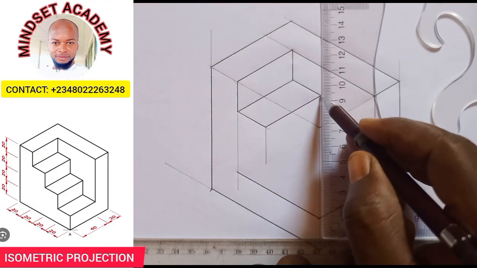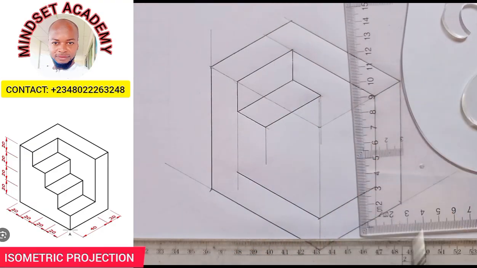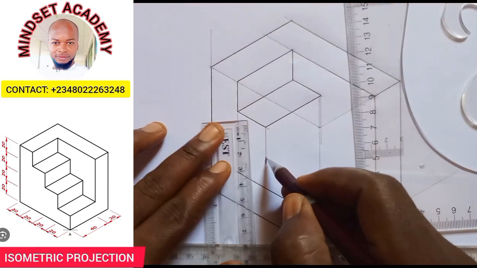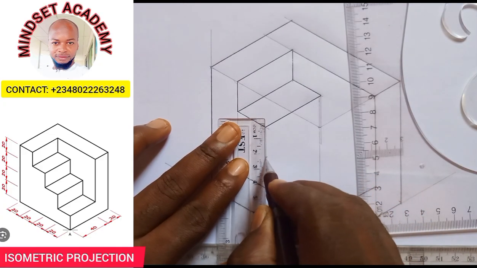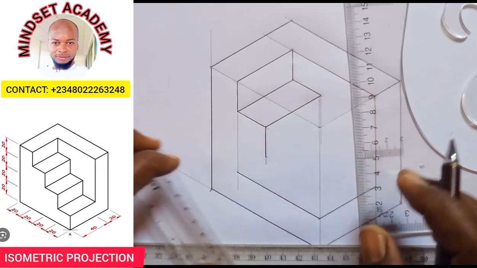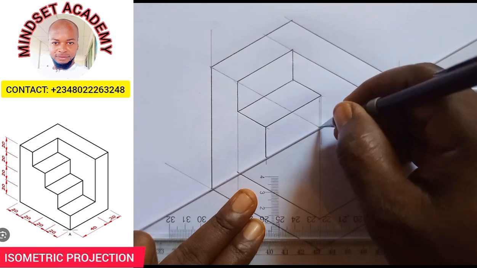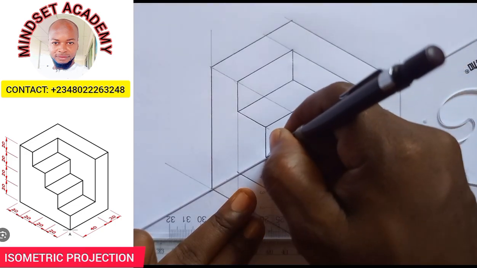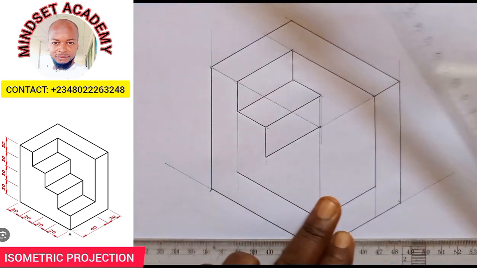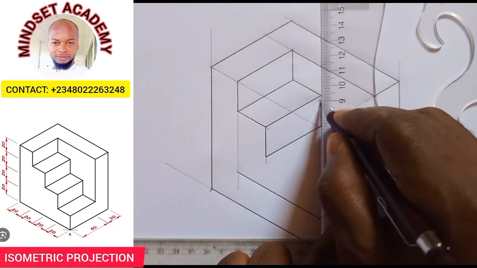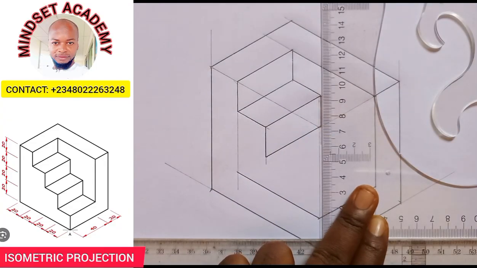So I'll measure the 20 here from 0 to 20, which I'll just take in once and for all. Then I'm going to take this from here to this side, and I'll take this one up. Hope you can see that.